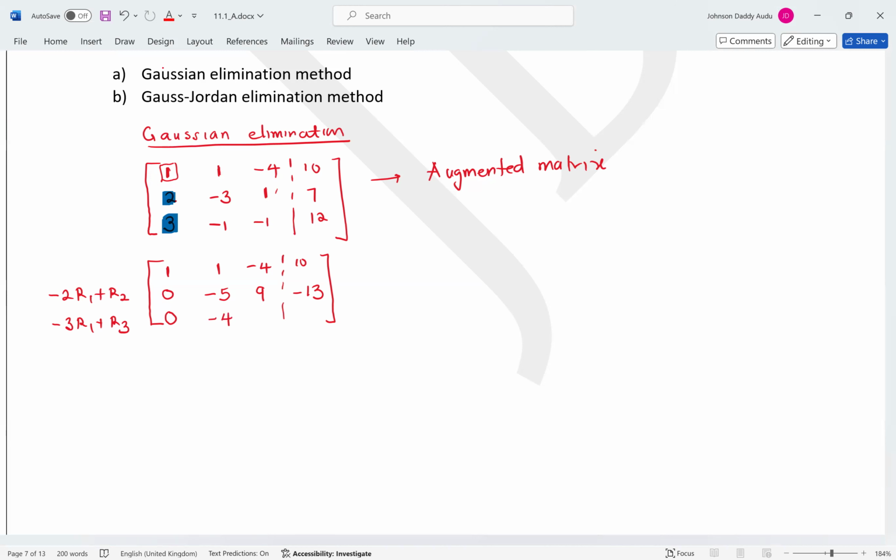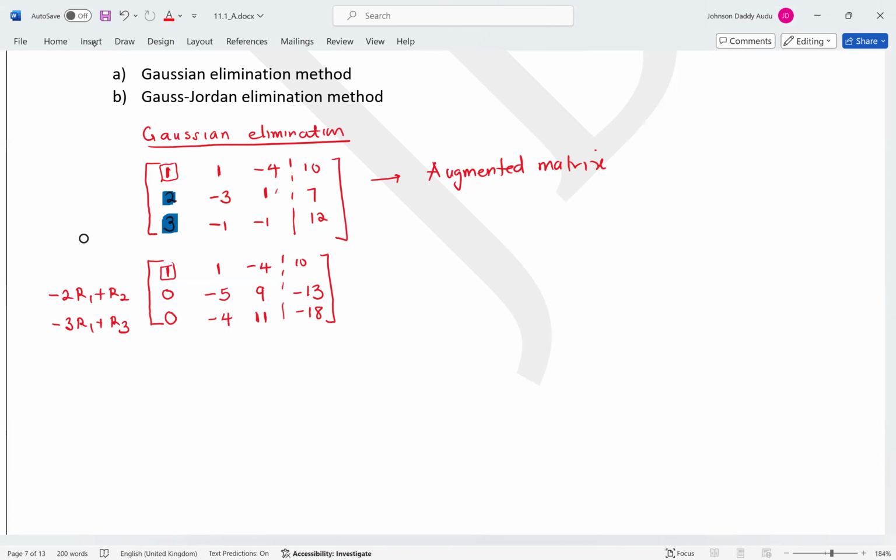Minus 3 times minus 4 is 12, and 12 minus 1 is 11. Minus 3 times 10 is minus 30, and minus 30 plus 12 is minus 18. So this is what we have here, right?